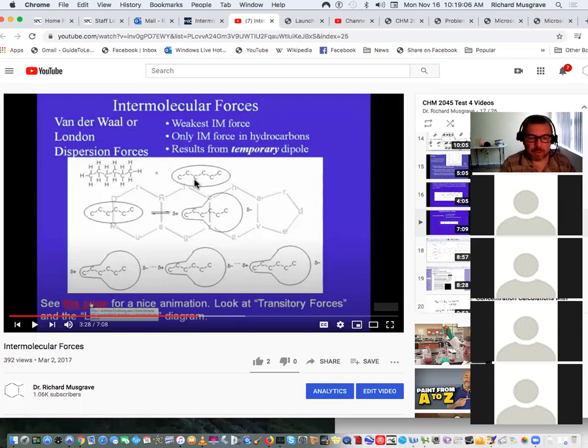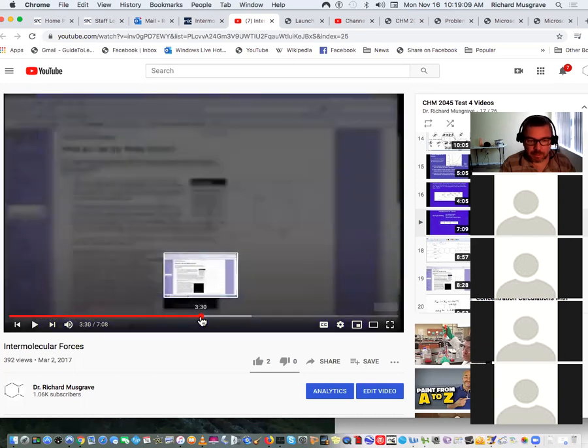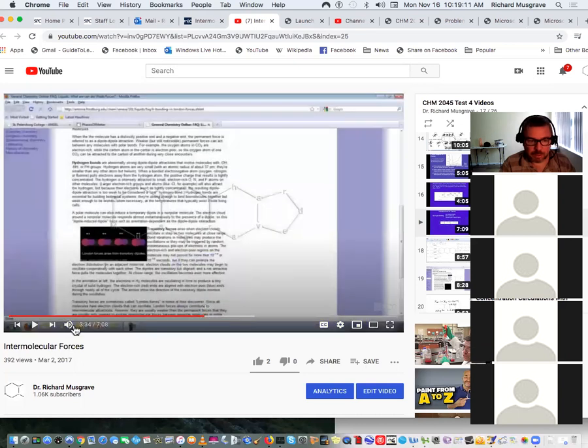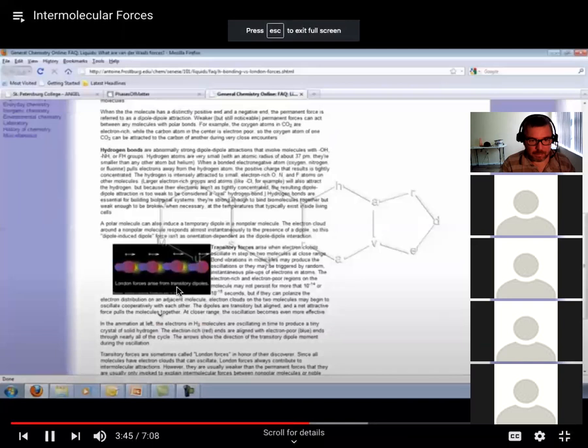But what's important to note is that distortion is only temporary. So I'm going to show you a picture of what that looks like. It's a really nice interpretation of van der Waals. So you can see there it is there.